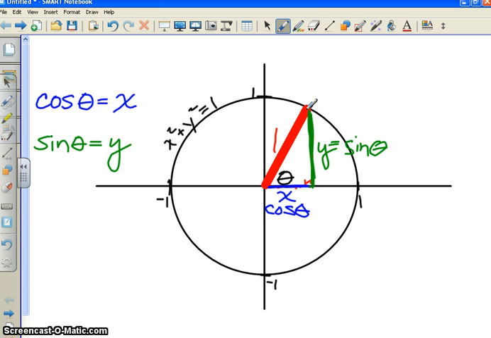So that makes this point of intersection between the terminal side and the circle, point x, y, also known as point cosine, sine. The cos is first and the sine is second in an ordered pair.